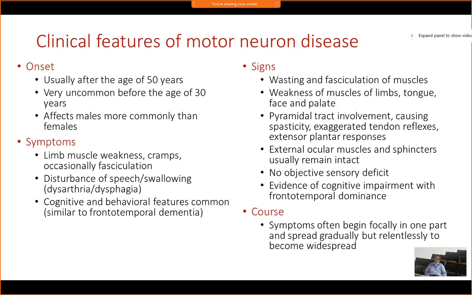The external ocular muscles and sphincters are usually spared. There is no sensory deficit. There is usually no cognitive impairment, which is only common when there is a frontotemporal dementia. The disease is progressive. There is no effective treatment and it is ultimately fatal.